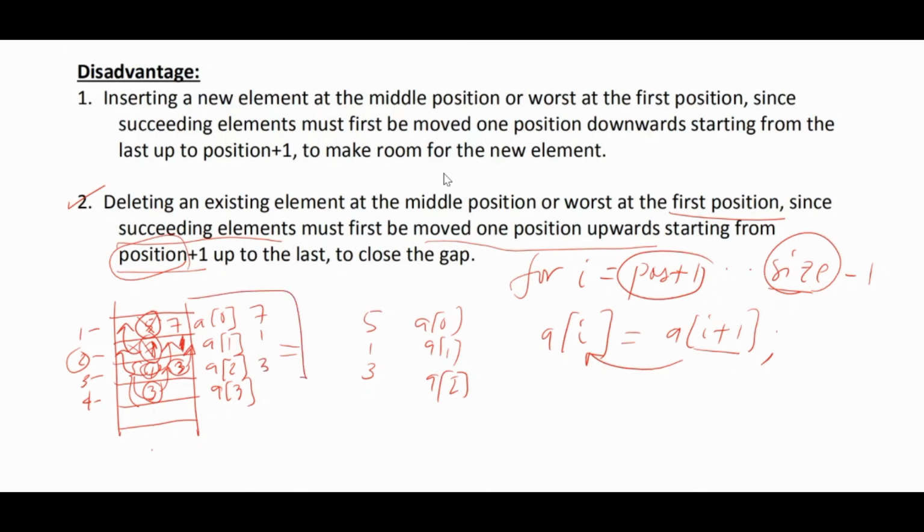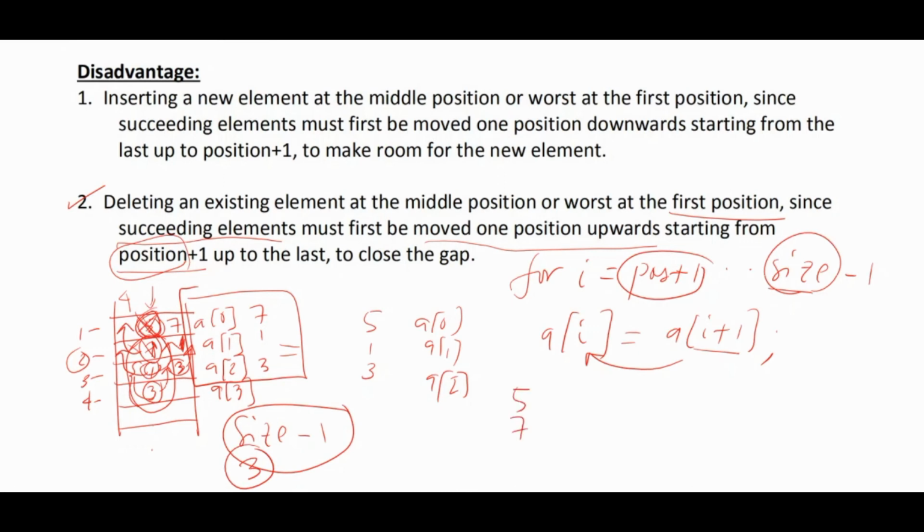Okay, so that is your new array structure with only 3 elements because you deleted the first. So when you delete the first, how many elements are moved? It will be size minus 1. Originally, the size is 4. So 4 minus 1, you are moving 3 elements.